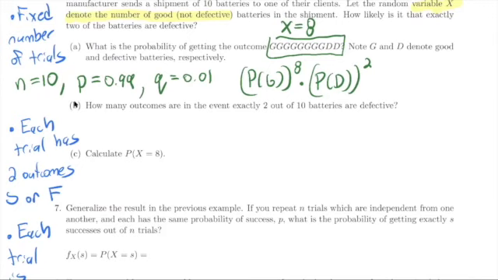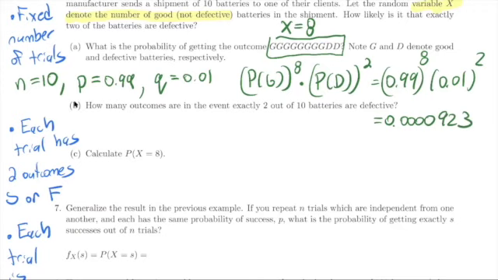That's the independence. We can just multiply these out. So this would give us 0.99 to the 8th times 0.01 squared. That's really small. I'm going to lose count of zeros. It comes out to that.